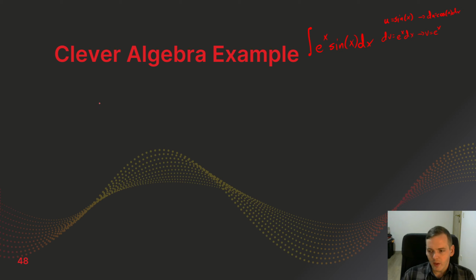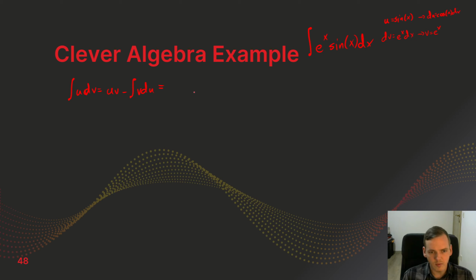So with all of that, we have our rule, the integral of u dv is equal to uv minus the integral of v du. And that will be equal to, what is our u? It is sine of x. Actually, I'm going to write out the full expression here for a reason that will become apparent later.